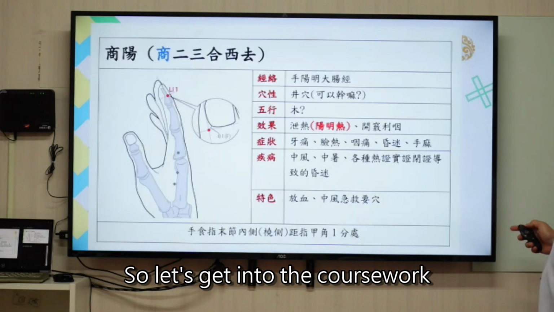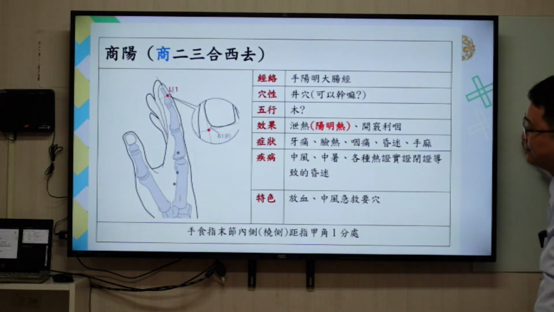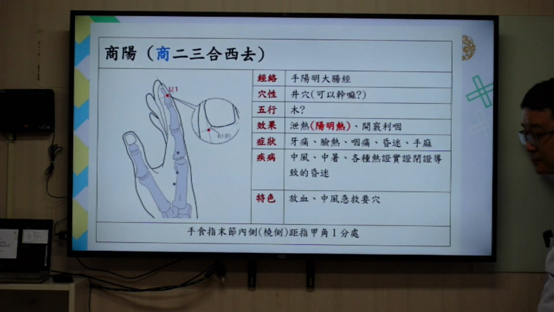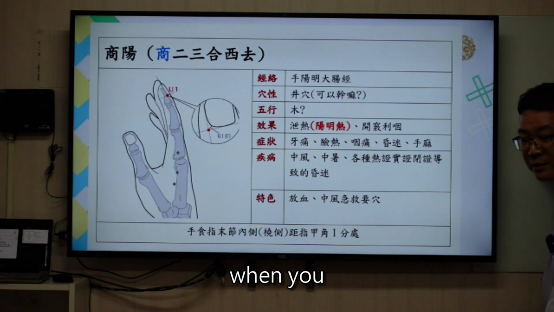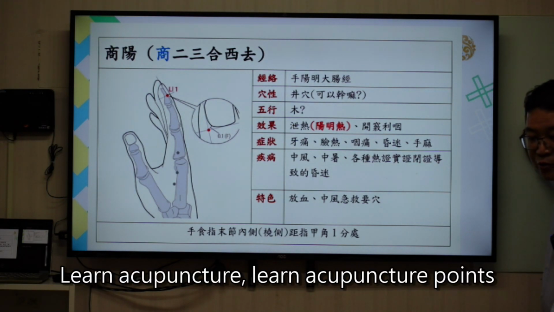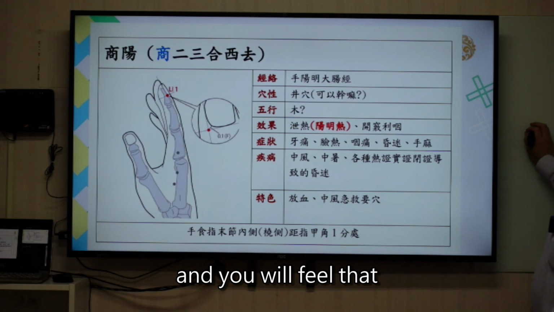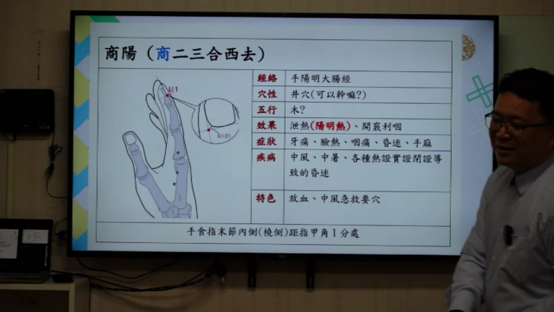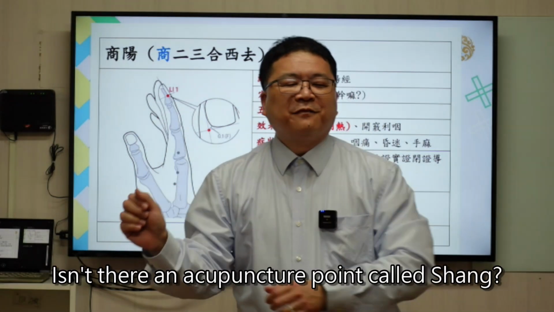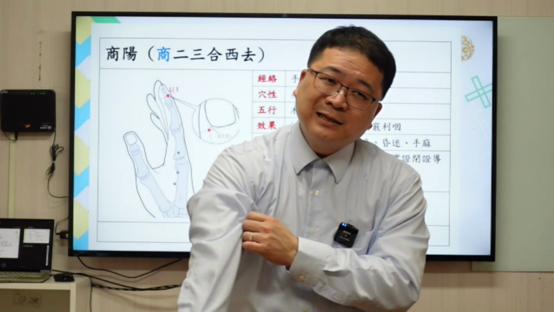Good. So let's get into the coursework. The first acupuncture point is called Shangyang. When you learn acupuncture points, follow my methods, and you will feel that there are certain rules. When we are teaching the lung meridian, isn't there an acupuncture point called Shao Shang?